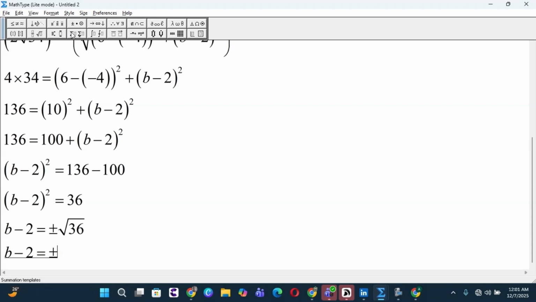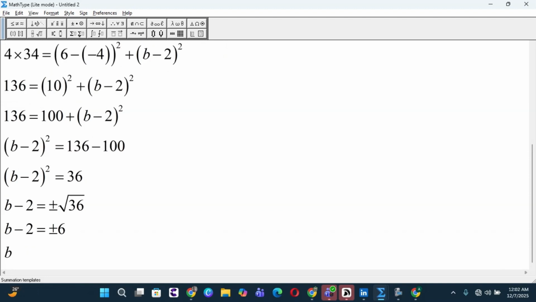Finally, our b can either be 8, because 2 plus 6 is 8, or minus 4, because 2 minus 6 is -4. Those are the two possible values of b.